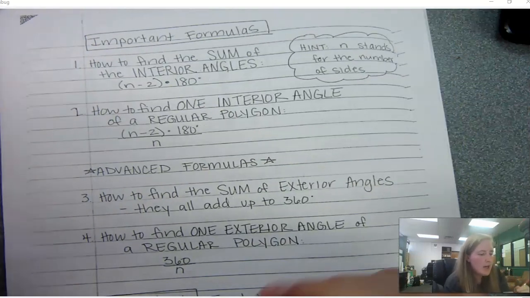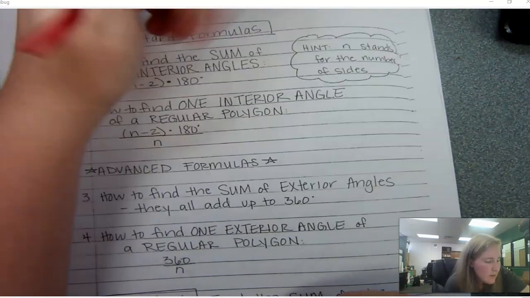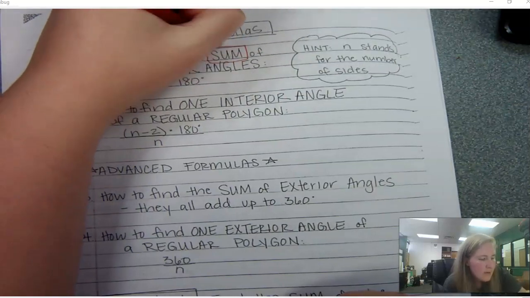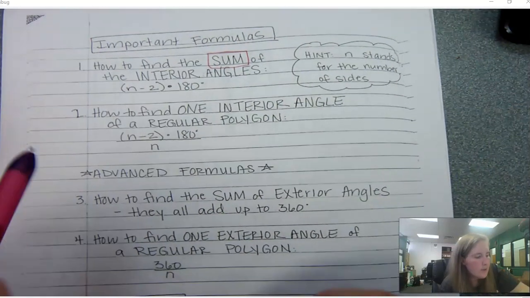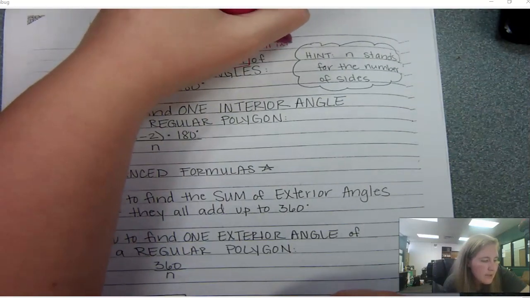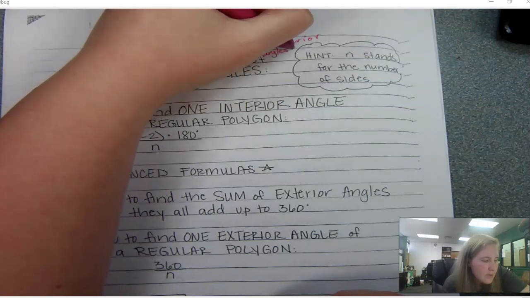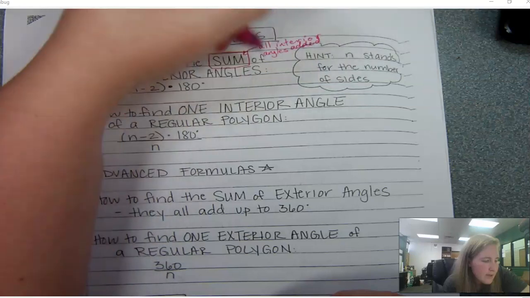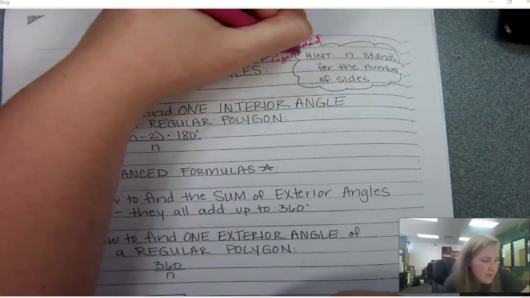So this is the sum of the interior angles. Sum would mean everything added together. So all interior angles added together.